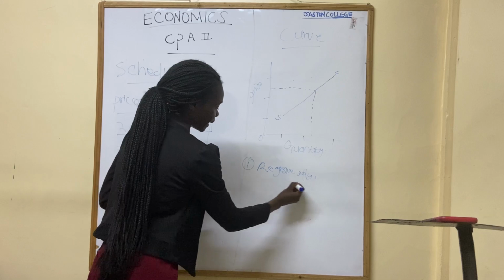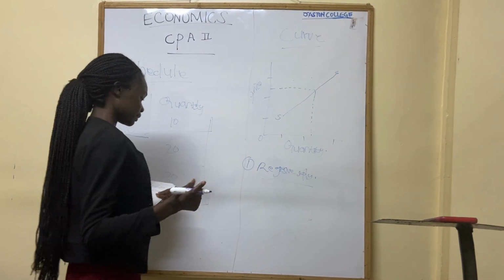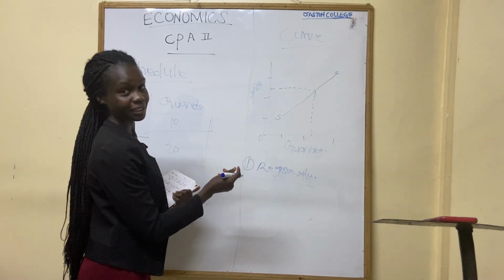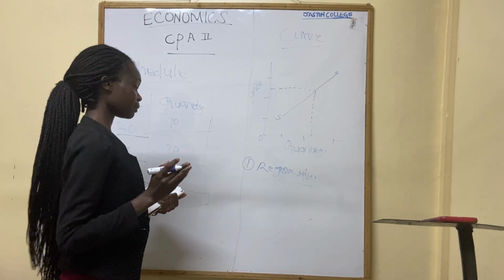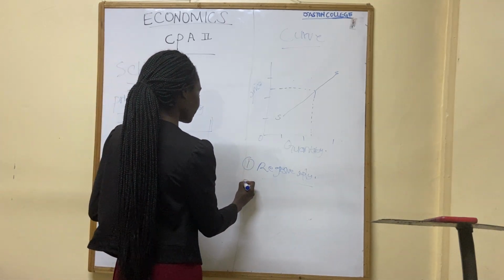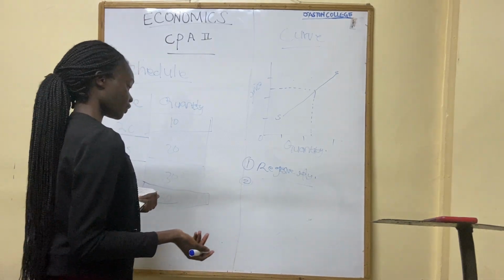This is whereby the higher the price, the smaller the amount to be supplied to the market. This is because the suppliers do not make enough profits for themselves.